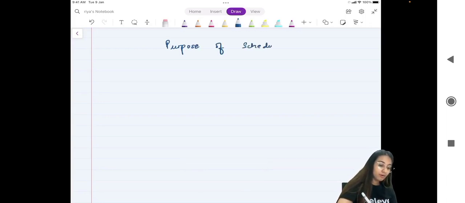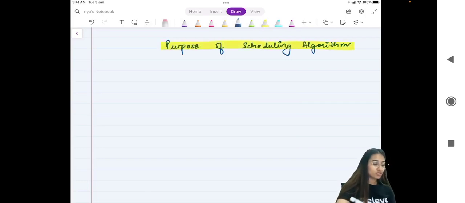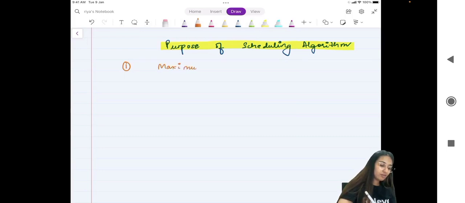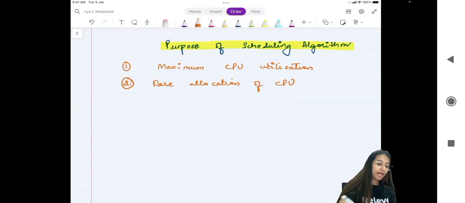What is the purpose of scheduling algorithms? Here we want to make sure that we have the maximum CPU utilization. We also have fair allocation of CPU. It's not like only one process is getting CPU all the time and the other processes are not able to get it. We want to keep the throughput maximum.